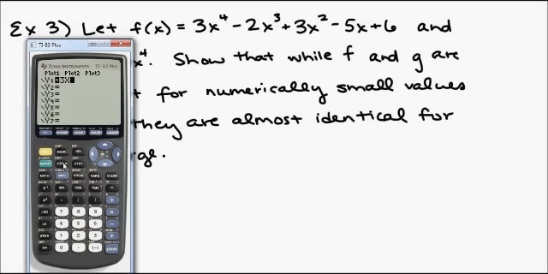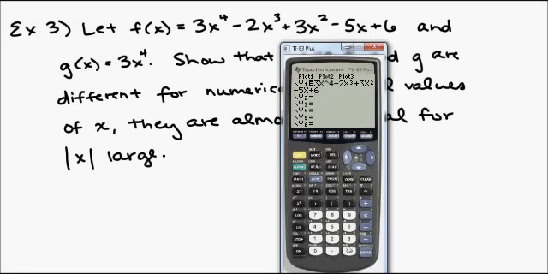So 3x to the 4th minus 2x cubed plus 3x squared minus 5x plus 6.